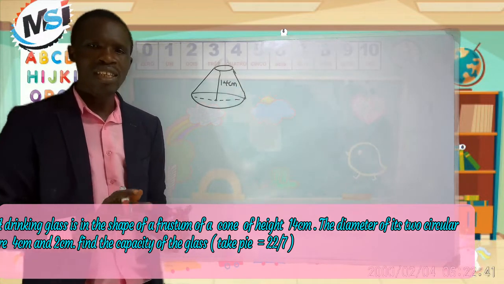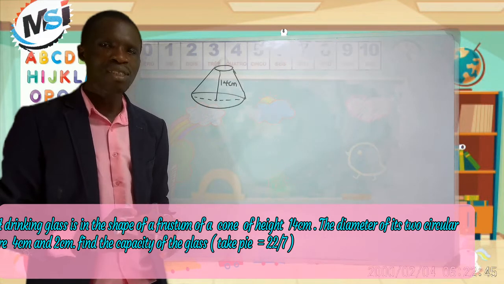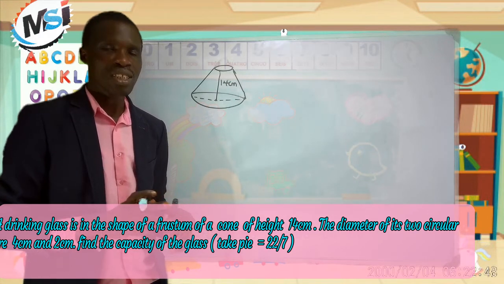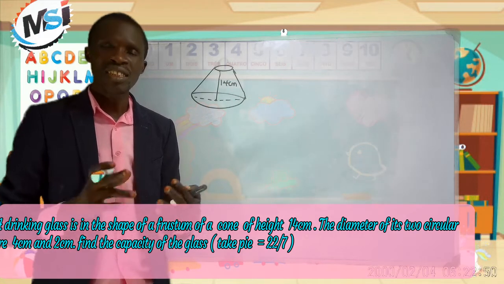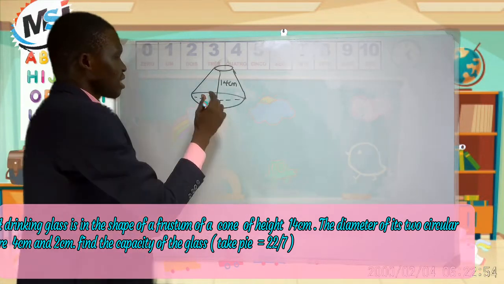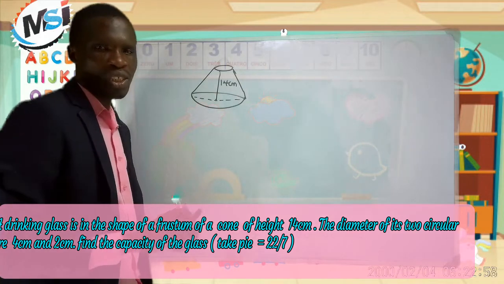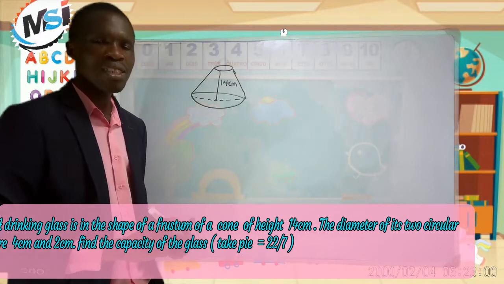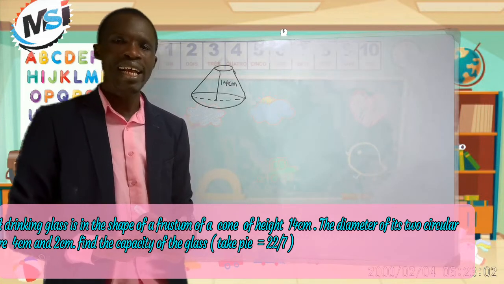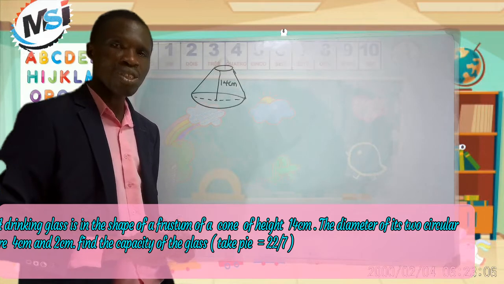Then the next thing to understand is this: the diameter is given to us. From the question, the diameter of its two circular ends are 4 centimeter and 2 centimeter.